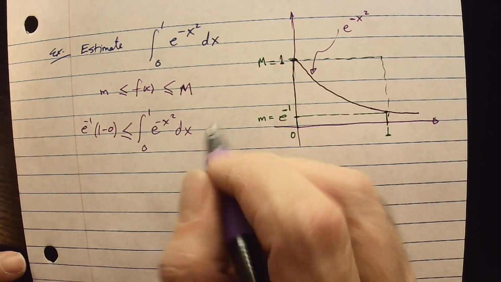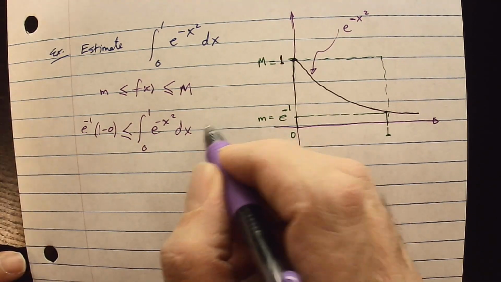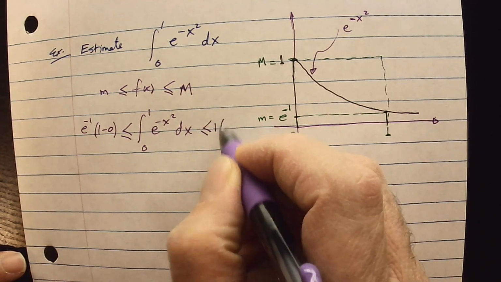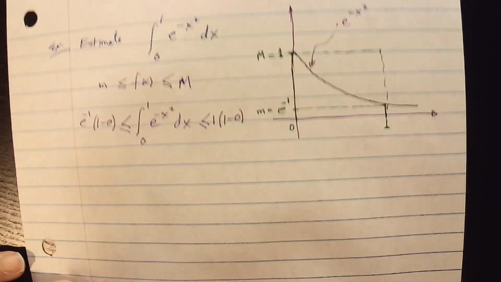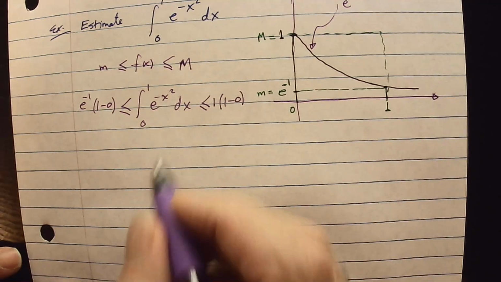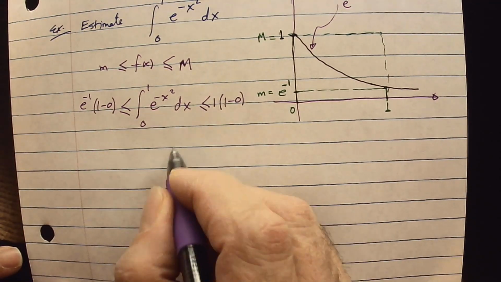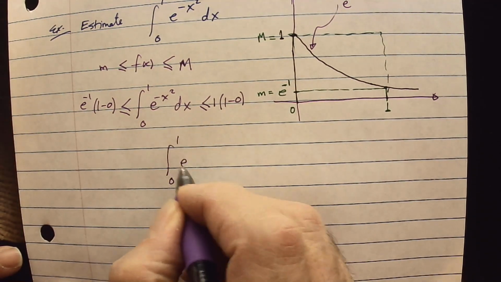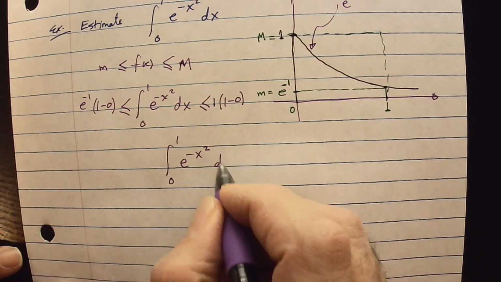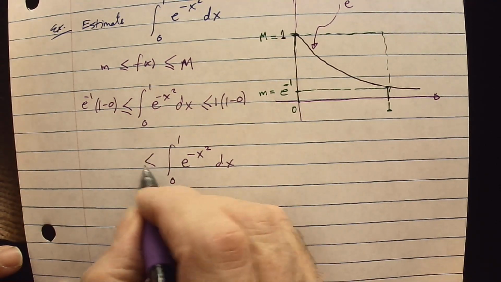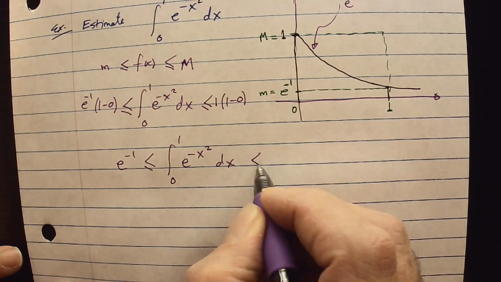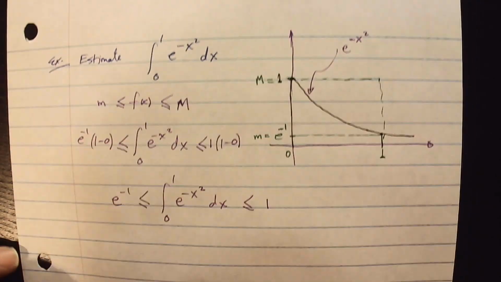And the upper part is 1 times 1 minus 0. In this case we can simplify this to: the integral from 0 to 1 of e to the negative x squared dx is greater than or equal to e to the negative 1, and less than or equal to 1.